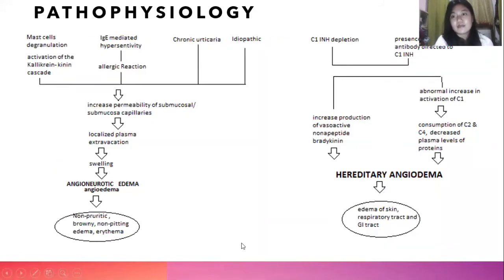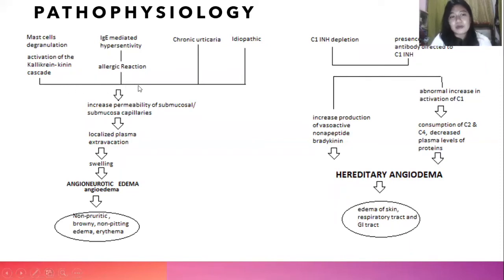Now, the pathophysiology. Let's start with angioneurotic edema. There are four etiologies for the occurrence of angioneurotic edema or angioedema. This can be caused by mast cell degranulation, activation of the kallikrein-kinin cascade, or IgE-mediated hypersensitivity, which may cause allergic reaction, chronic urticaria, and in some cases, it can be idiopathic.